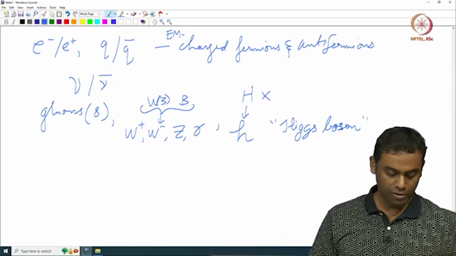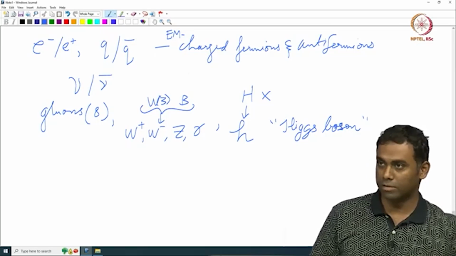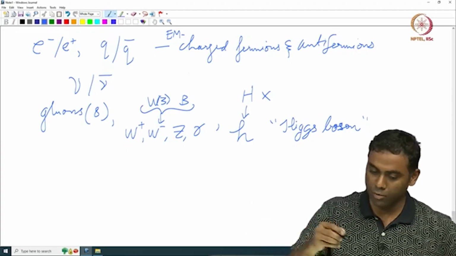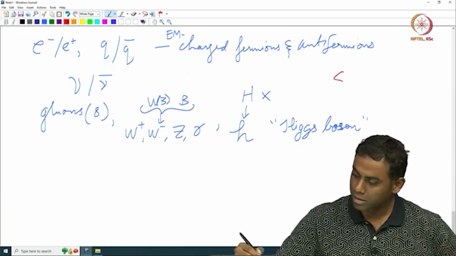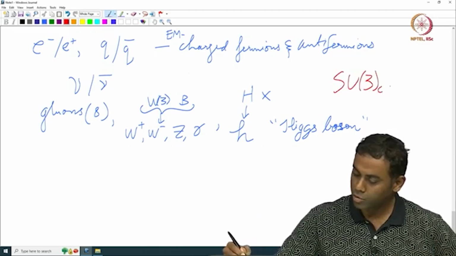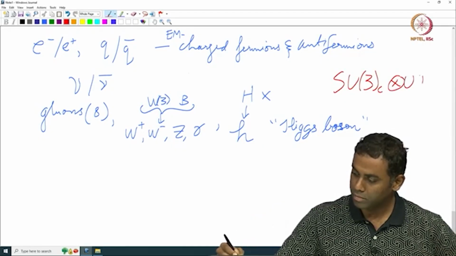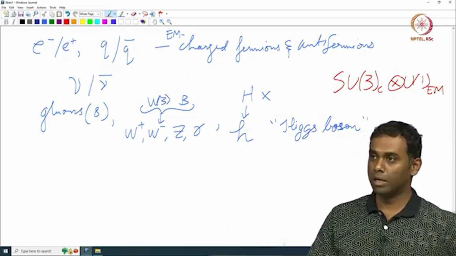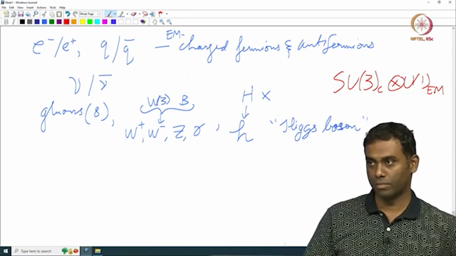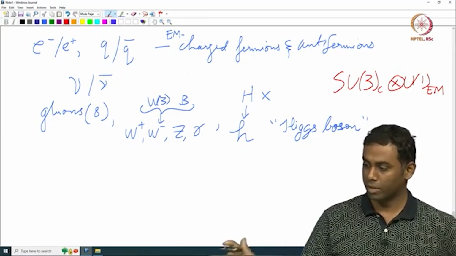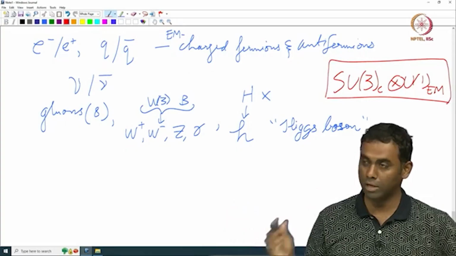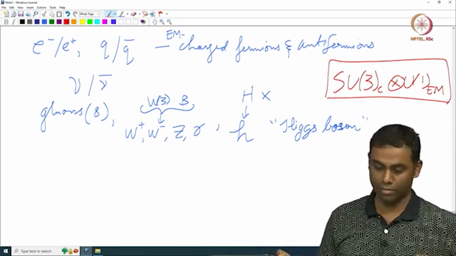So the Higgs boson we will obtain as a relic of all this symmetry breaking, and at the end of the day what we will be left with is SU3 color and a direct product of an abelian electromagnetism group. That would basically just characterize the world above 10 power minus 18 meters.